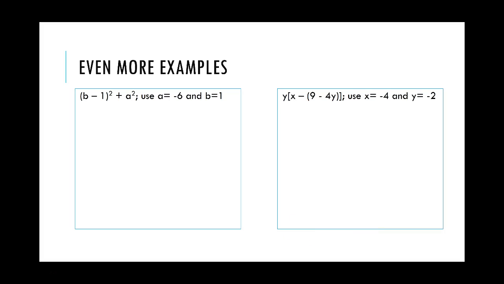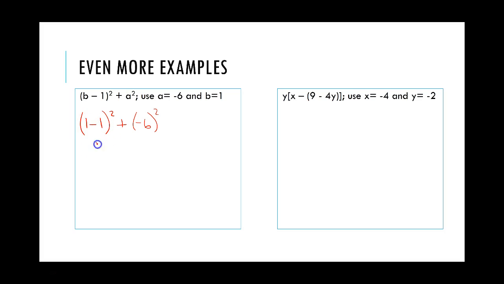Okay, so a few harder examples. So b is 1 minus 1 squared plus a squared. So when I do this, put parentheses, because in this case I'm going to need them.